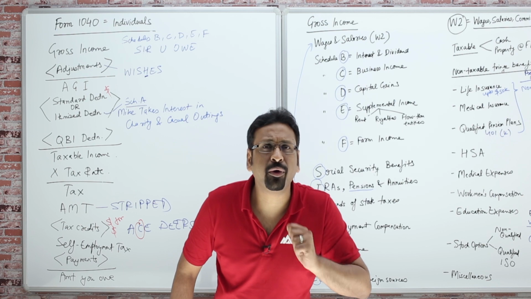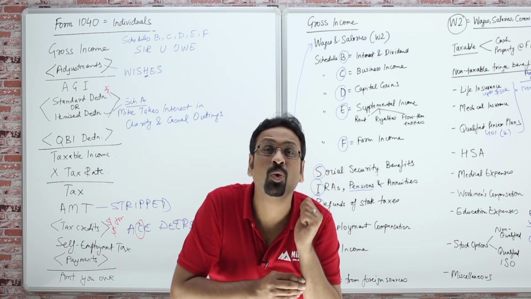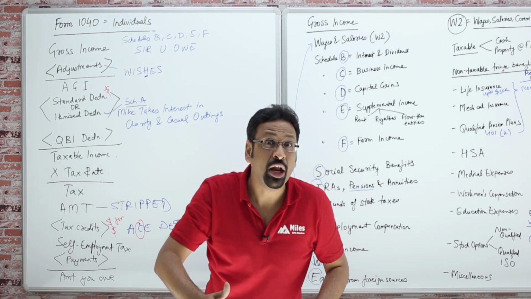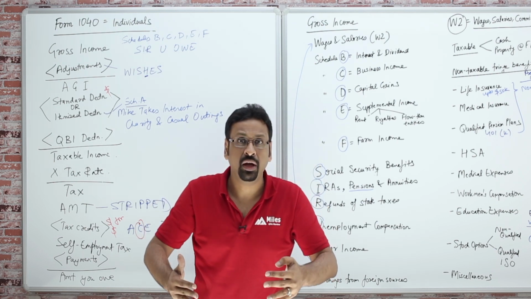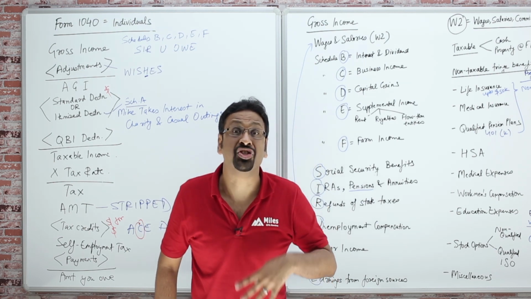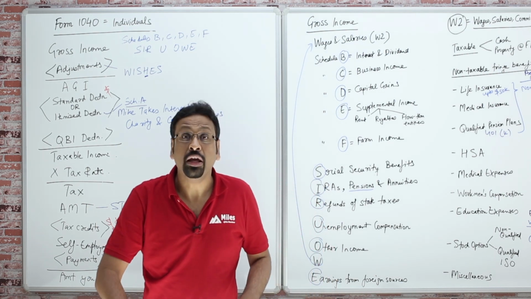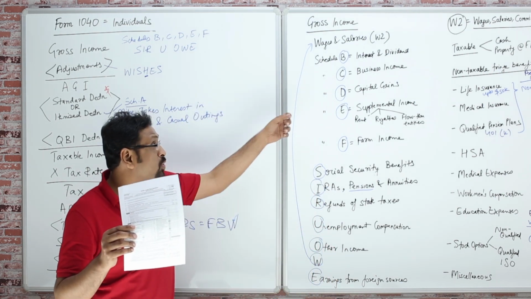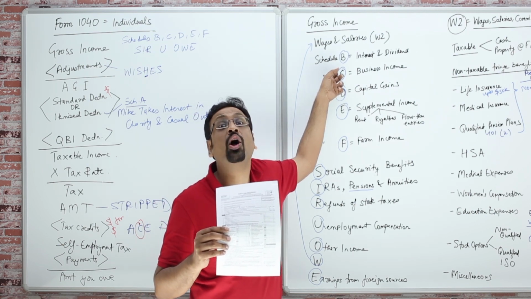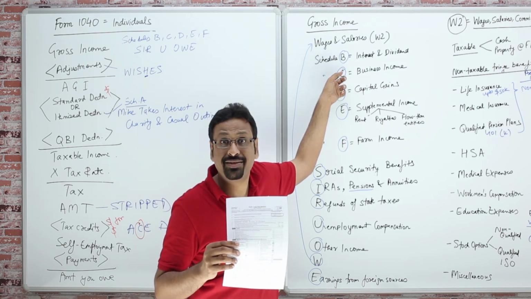If the entrepreneurial bug bites you and you decide to start your own business, let's say a sole proprietorship concern, then while filing your tax return, you're going to be filling out a Schedule C for your profit or loss from business.